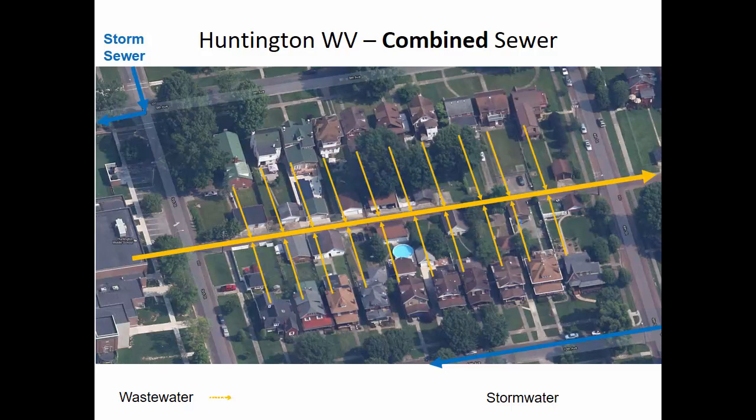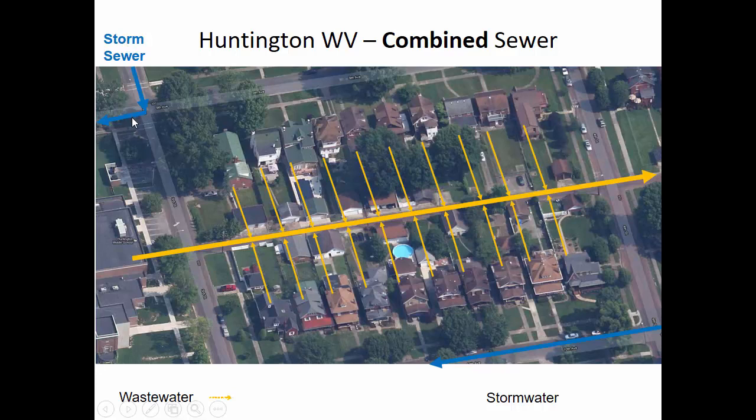Here in Huntington, there are 3 different sewer systems. In Huntington, the majority of the city has what's called a combined sewer. There are some areas that have a separate standalone storm sewer that accepts only runoff from the roadway.